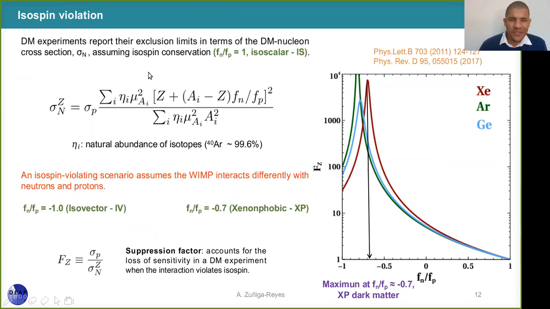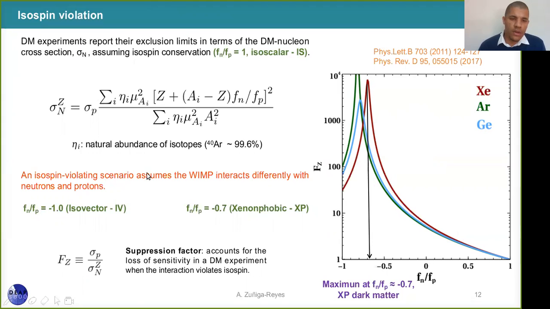For the specific case of argon, this element has a single main isotope, which is argon 40. Considering an isospin conserving interaction, we just get that sigma n is equal to sigma p. But this changes if we have a target with multiple isotopes.